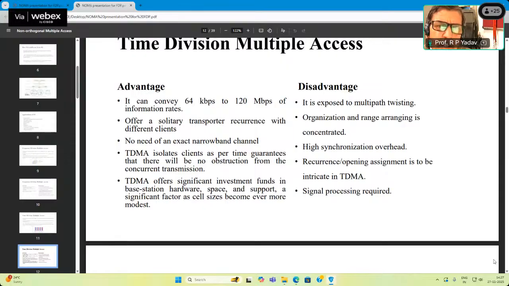Organization and range planning is intensive. There are high synchronization overheads, and frequency slot assignment is intricate in TDMA. So you have to have some bits for synchronization or access, bits you have to transmit just for synchronization or for the end of a message, a particular channel, a particular frame.